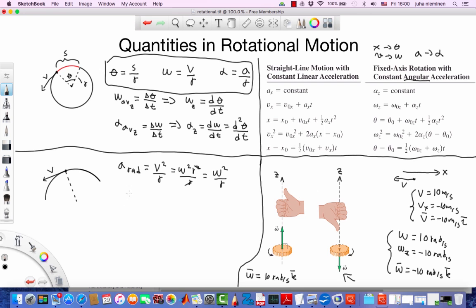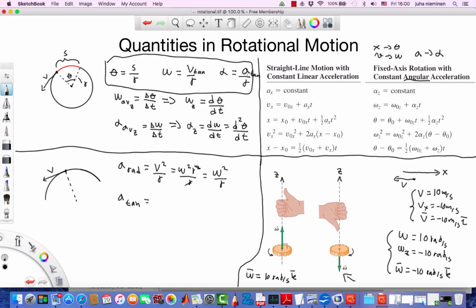And of course, if this particle would be speeding up along this trajectory, so the magnitude of the v would be increasing, then it would of course have tangential acceleration. We call it a tangential. And this is in fact what is meant by this a here. So this is a tangential, and this is of course v tangential as shown here.